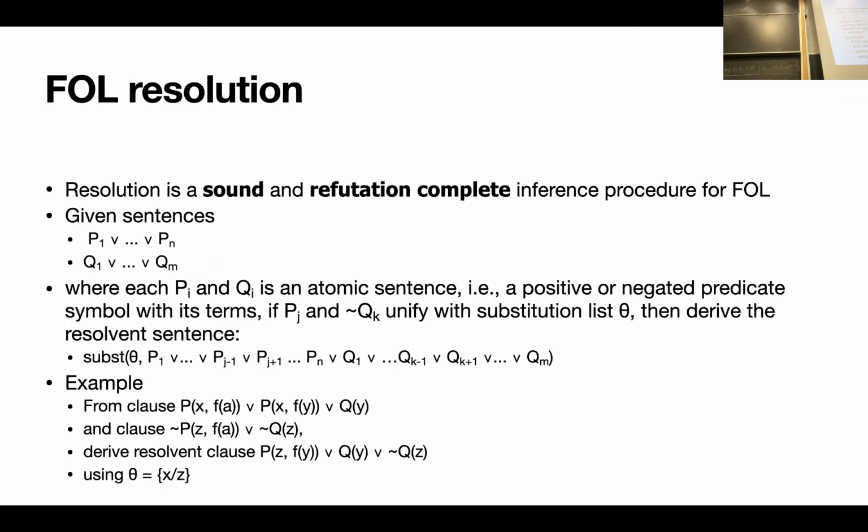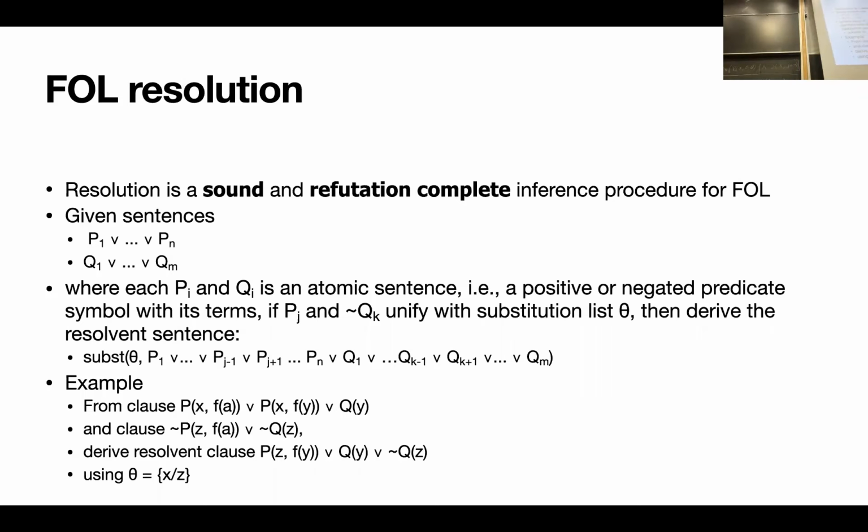The same rule is also sound and refutation complete in first order logic. So given the sentences P1 through Pn and Q1 all the way up to Qm, if Pj and not Qk can be unified with a substitution list theta, we can unify them and make them complementary literals.